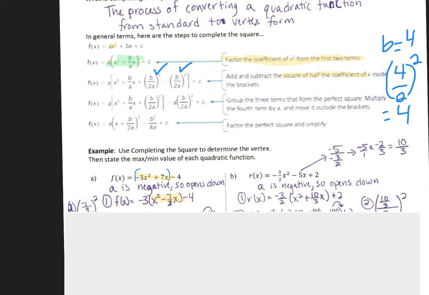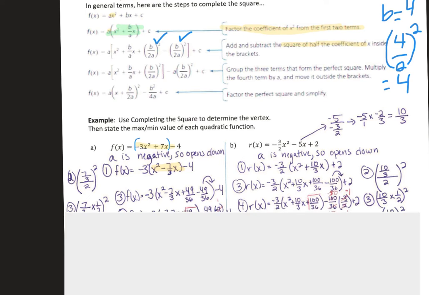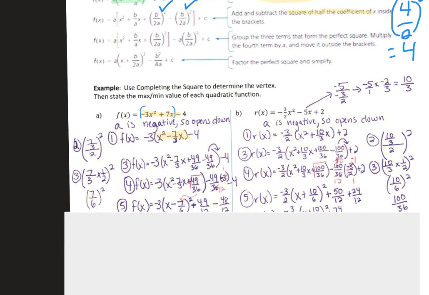So now that negative 7/3 is what we need to half and square. Okay, so you have to be really comfortable working with your fractions.